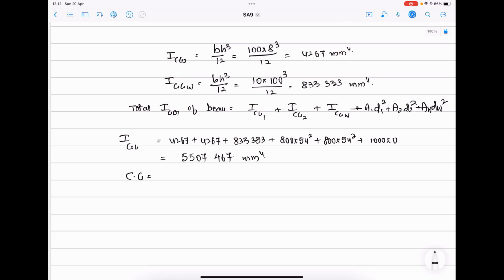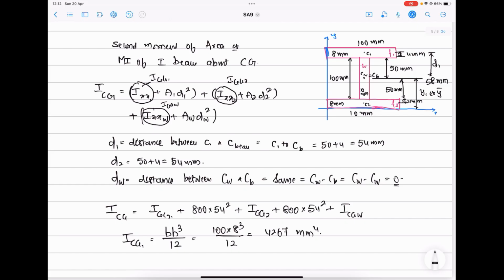What is the center of gravity? 58 mm from the bottom. Now here total ICG is equal to ICG of that particular part of the total beam plus the area of that particular part of the total beam into the distance between the center of gravity of the total beam and the center of gravity of that particular part.